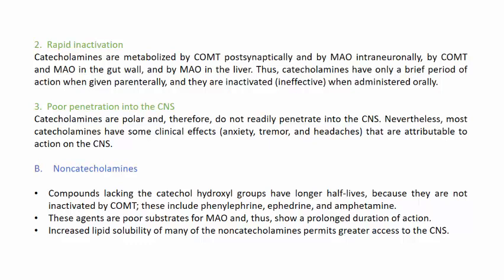They have only a brief period of action when given parenterally, and they are inactivated when administered orally.